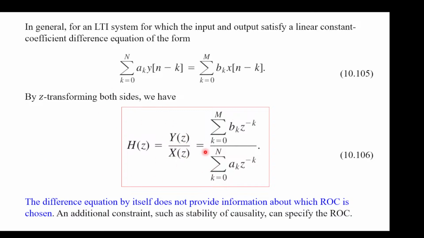Then you see Y over X is the summation of b_k z^-k over the summation of a_k z^-k. As we said, here we only have the algebraic part of H(z), and this doesn't tell you the ROC. But if you also say the system is causal or stable, then you can pick the ROC and actually solve your system.